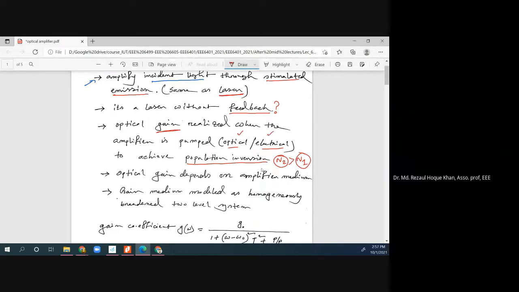This is the same principle as in electronics, like how our PNP transistor works as a common base, common emitter, or common collector configuration, where we give an input signal. For example, if I draw a common emitter system, this side we give the input, and from that side we get the output.